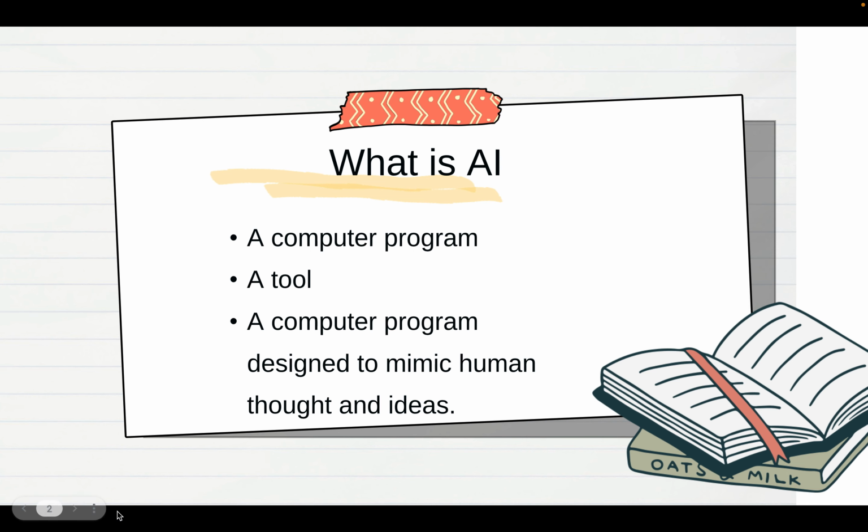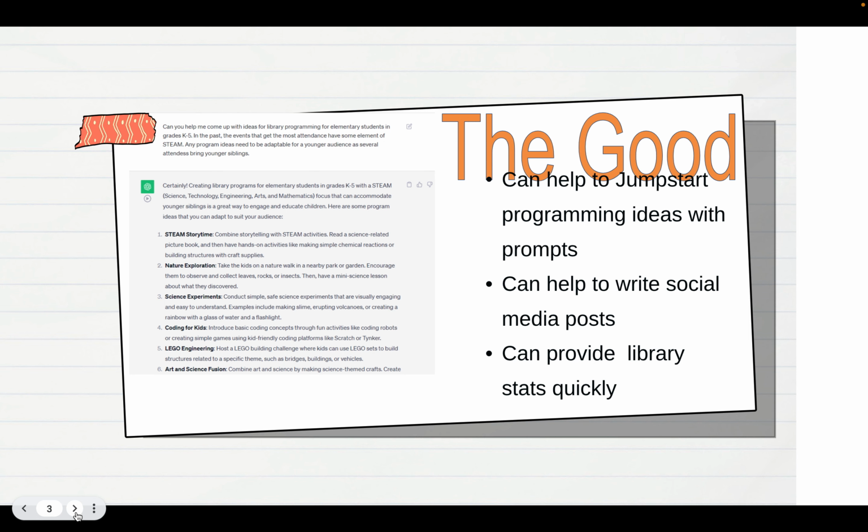AI within public libraries can be used to jumpstart programming ideas, help to write social media posts, and provide library stats quickly. I have a ChatGPT screenshot that I got from my coworker, actually, that uses ChatGPT to create her programming.